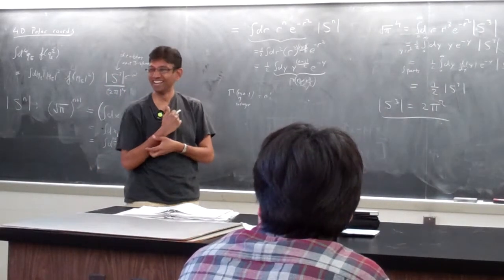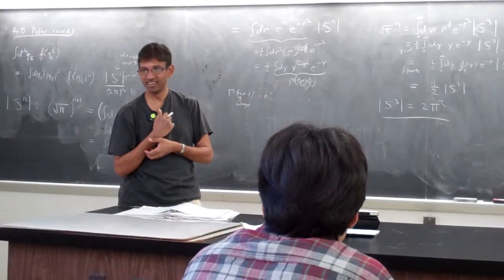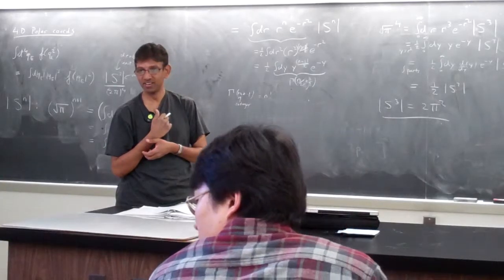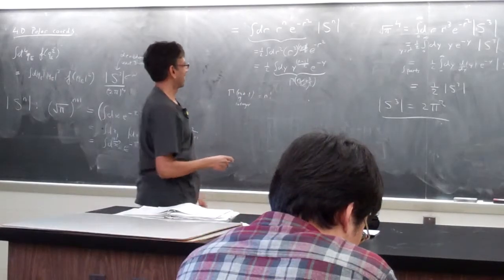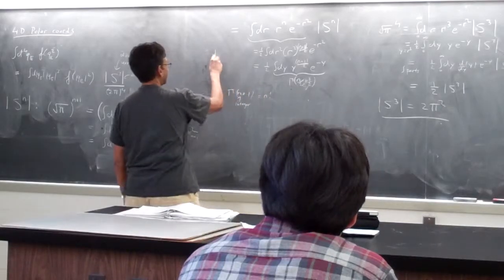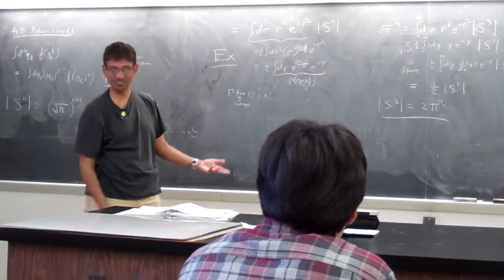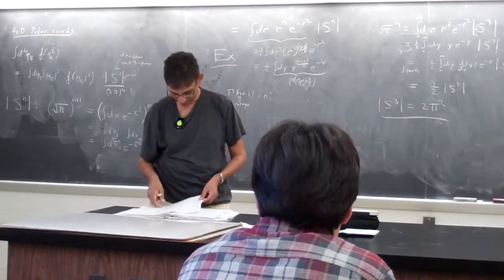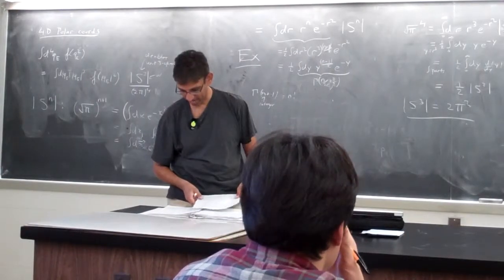For the pi case, when you divide by gamma of n plus 1, you'll still get a root pi from the gamma. Have to work it out. Exercise. Here's the trick. Work it out. Okay, so that's that.